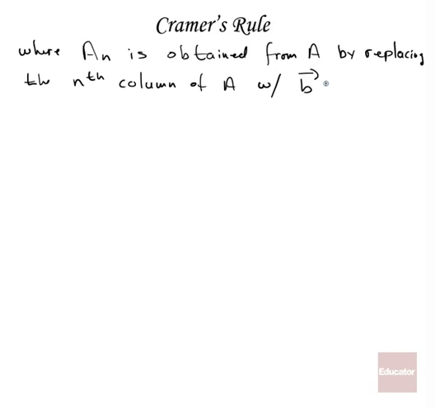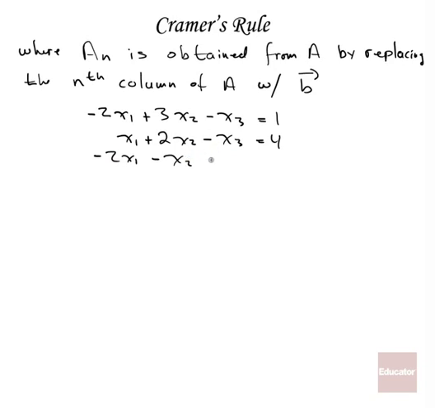So we have the following system: minus 2x1 plus 3x2 minus x3 equals 1. x1 plus 2x2 minus x3 equals 4, and minus 2x1 minus x2 plus x3 equals minus 3.